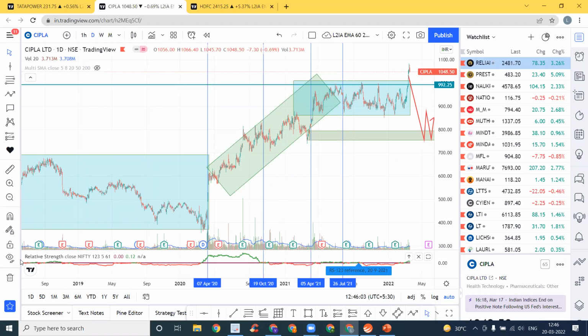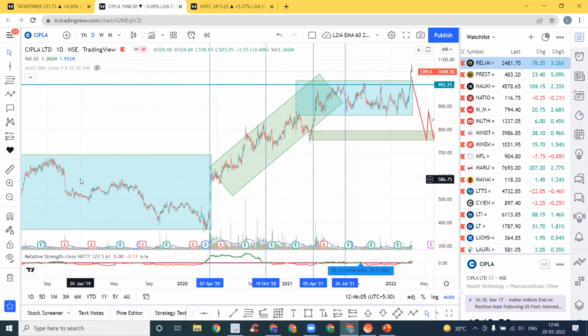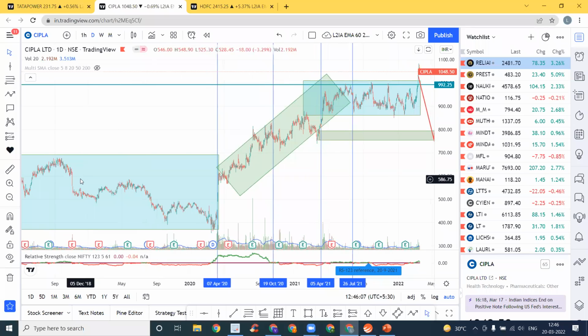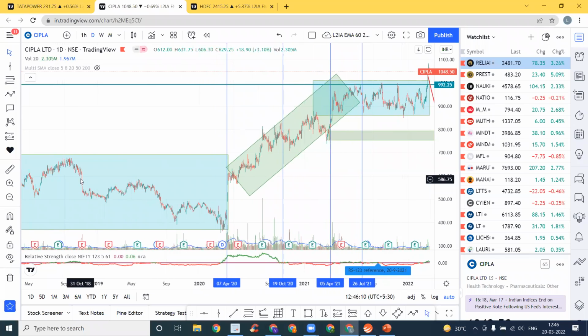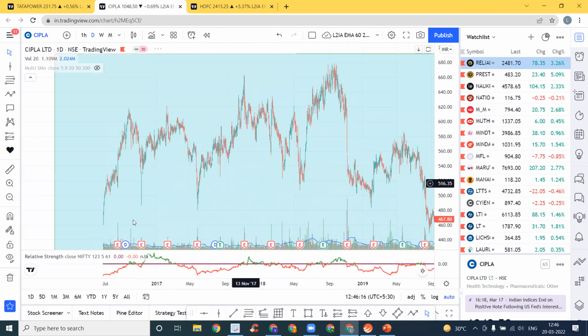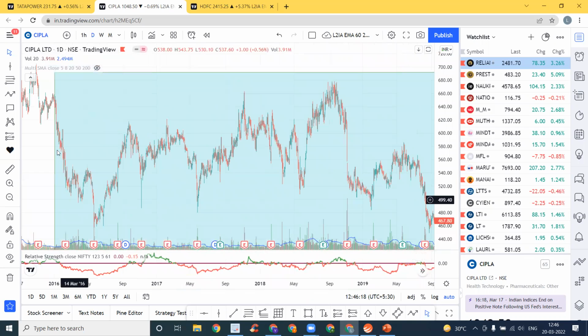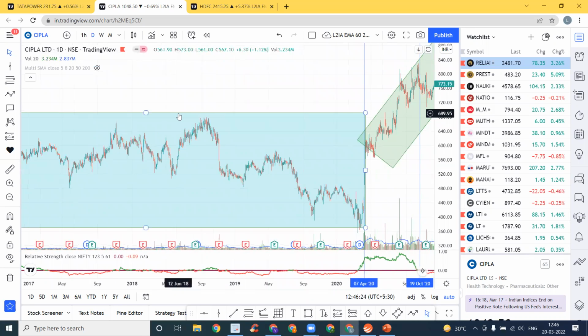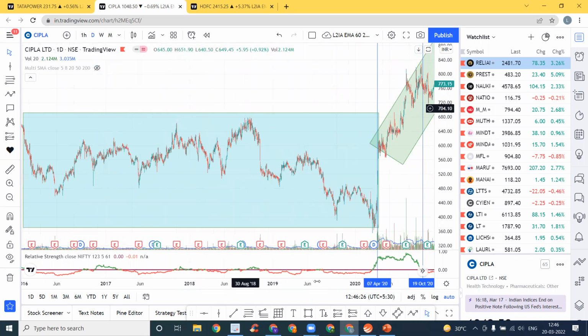Like here it was there for a good amount of time. How many days was it here? For nearly from 2015-16 to 2020, nearly 4 years. So it was in this range for 4 years. So why should I enter at that time?